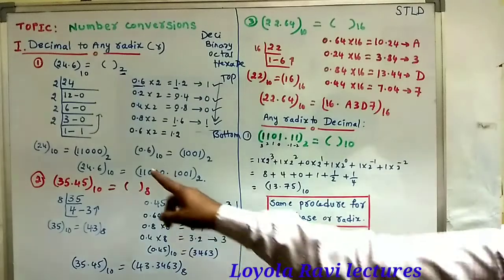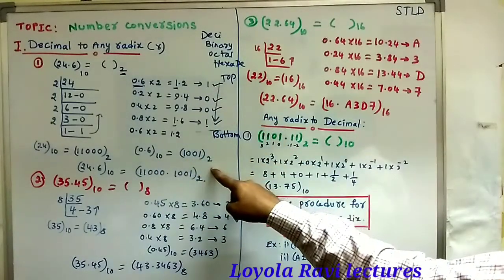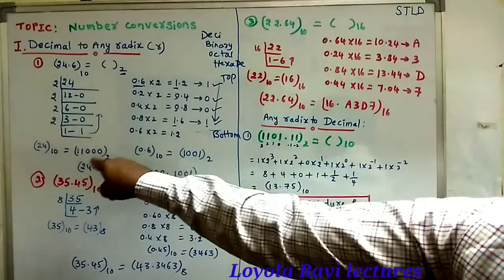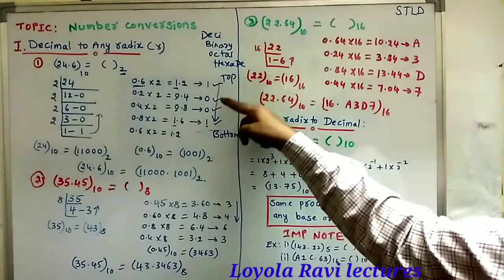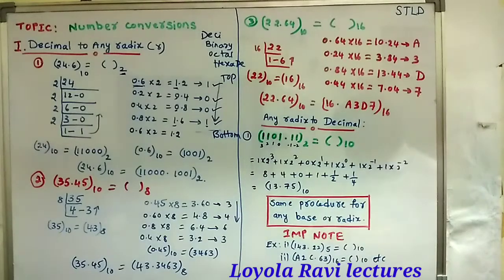So 0.6 is 0.1001 base 2. Then 24.6 base 10 is equal to 11000.1001 base 2. That is the conversion from decimal to binary. Basically our topic is decimal to any radix.